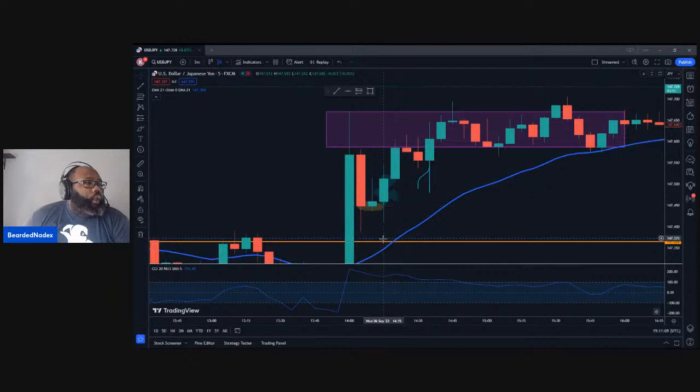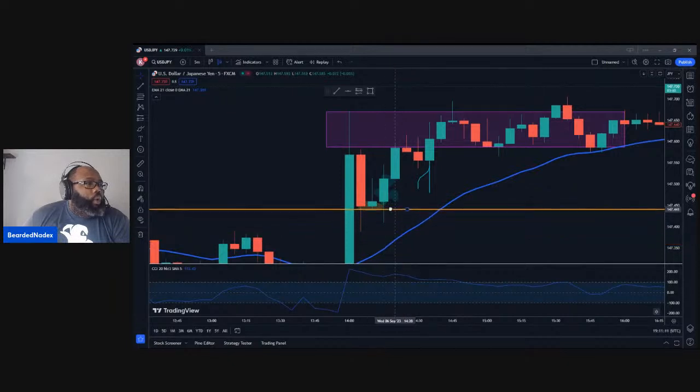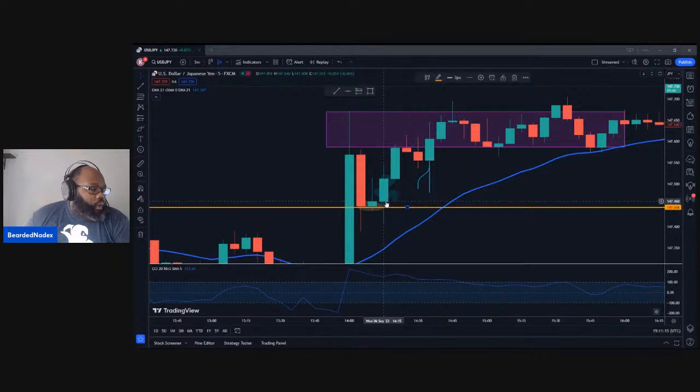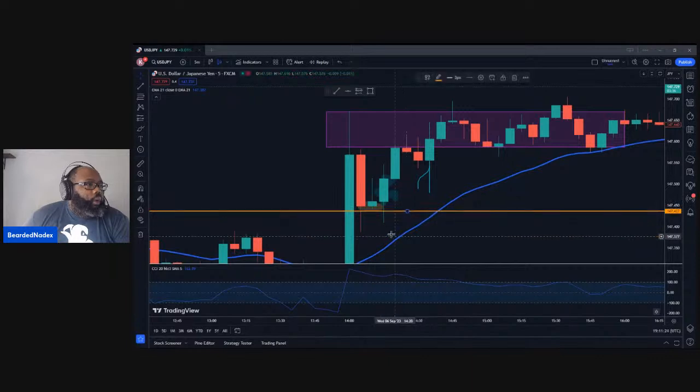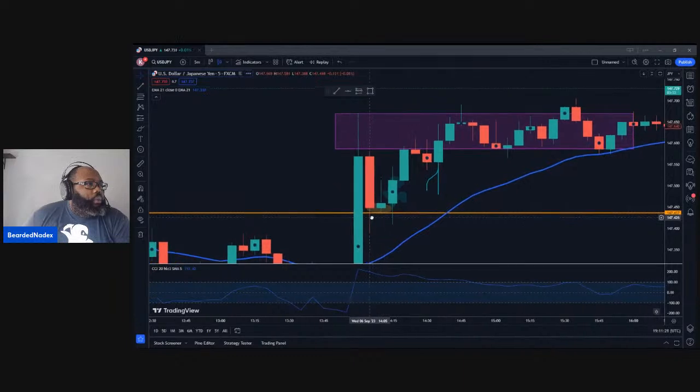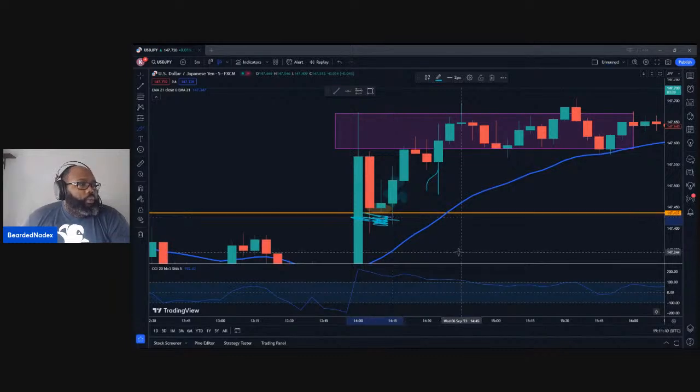So for me, what my rule of thumb is, if this candle opened here and starts to pull back, I'm looking to get in here. Anything under here, anything in this space, I'm looking to get into, right?